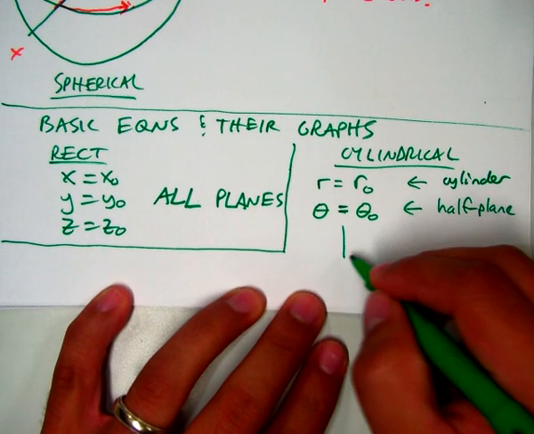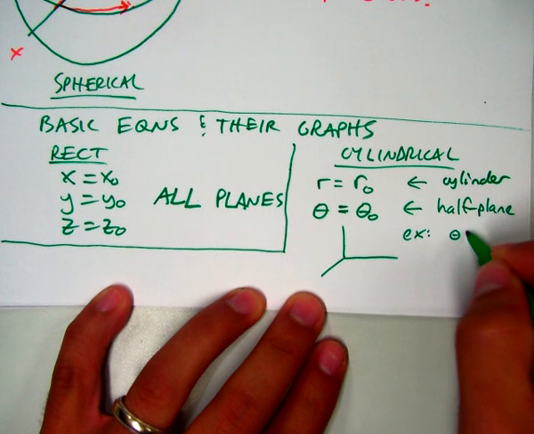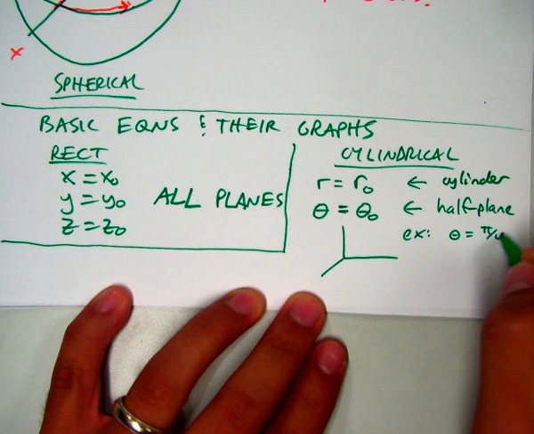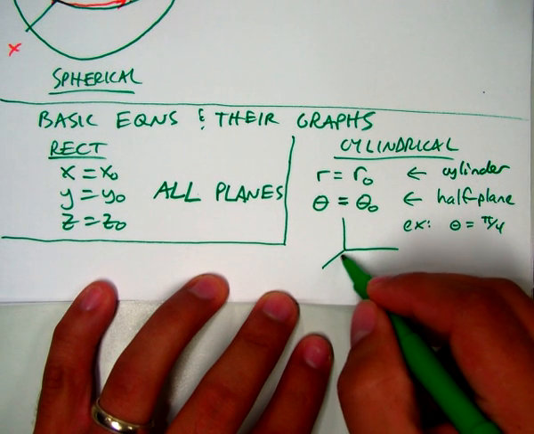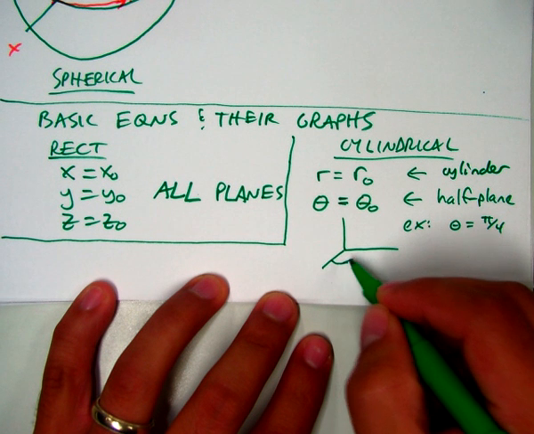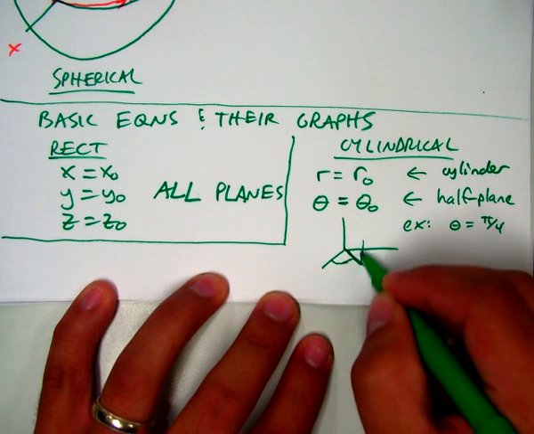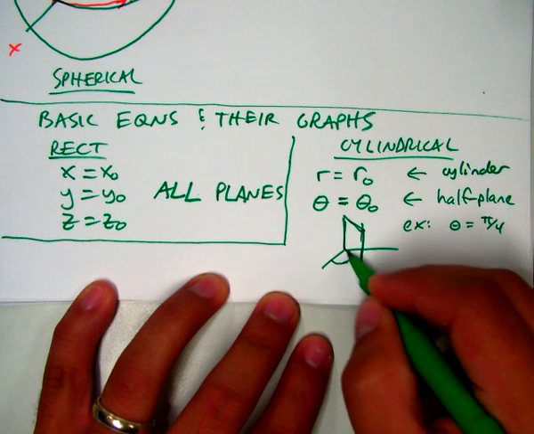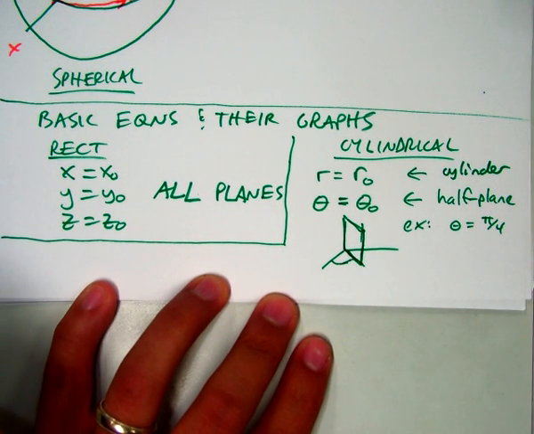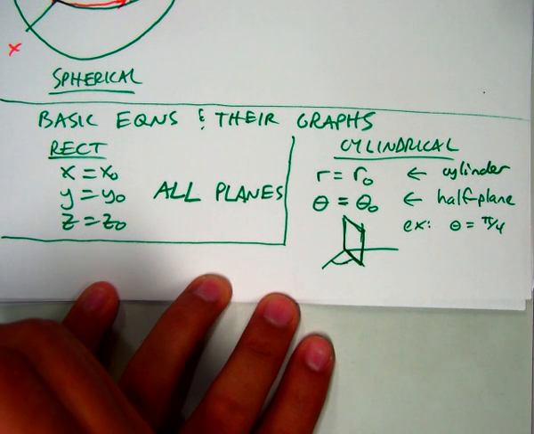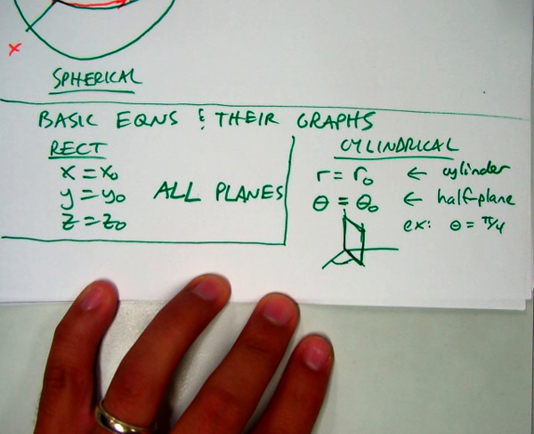If I were to say, for example, theta equals pi over 4, so you'd rotate over how much? 45. 45, right? And then you get this line, and then here's your plane, but the problem is that if I go back into the third quadrant, now theta is not just pi over 4 anymore. Does that make sense? So this plane gets cut off at the z-axis and then extends in that quadrant. Does that make sense?